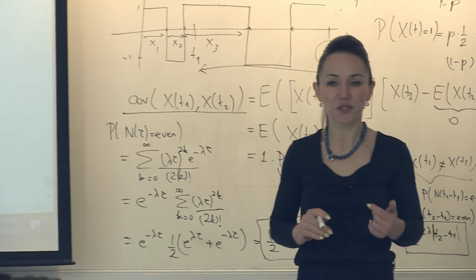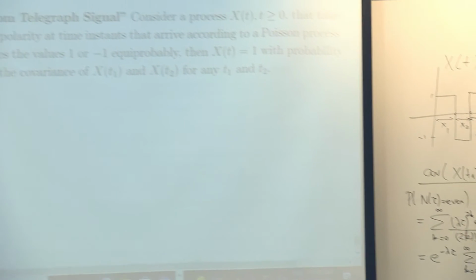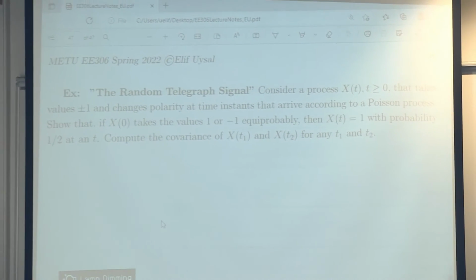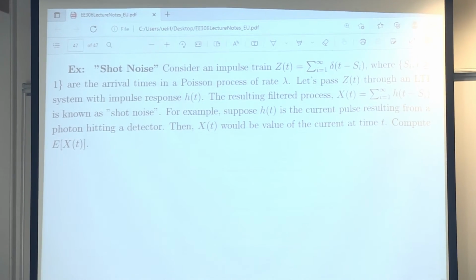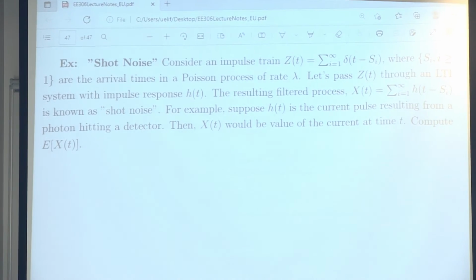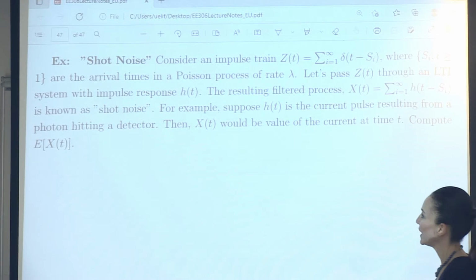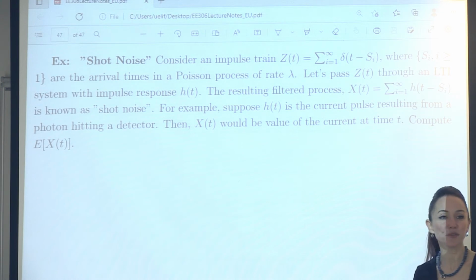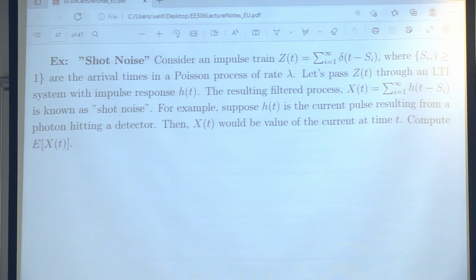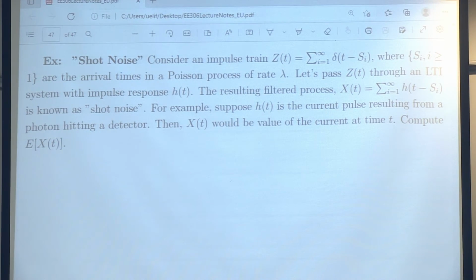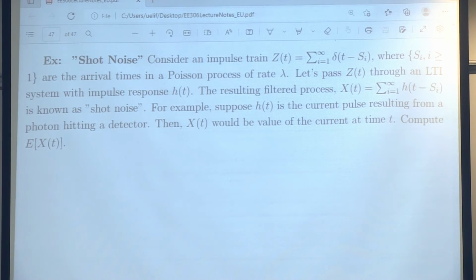The other interesting stochastic process we have related to the Poisson process is shot noise. Now, shot noise is a kind of noise that can occur in some systems, for example, optical communication systems.